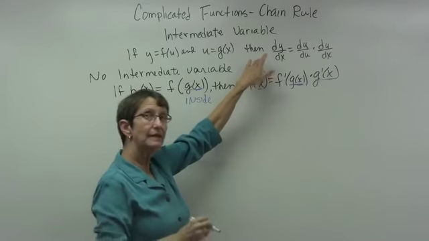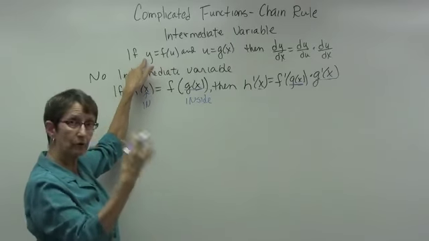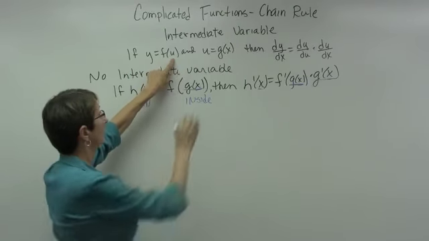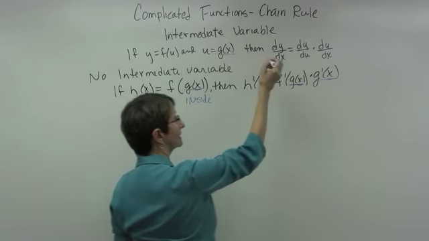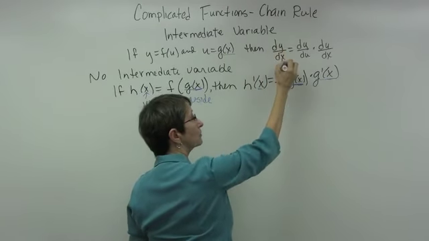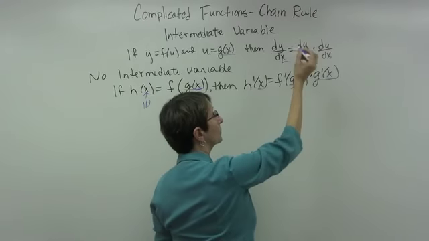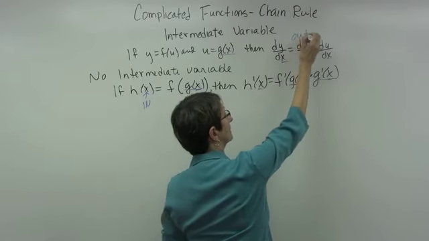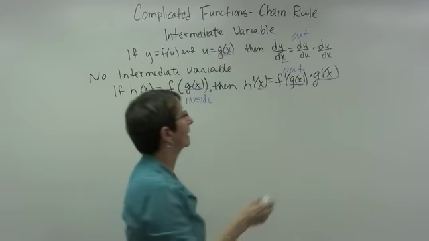Let's go back up to the one with an intermediate variable. Y is the outermost function. The u, which is the g, is on the inside. So again, my g is on the inside. The derivative of y with respect to x is the derivative of y, which is the outside, like f is the outside.